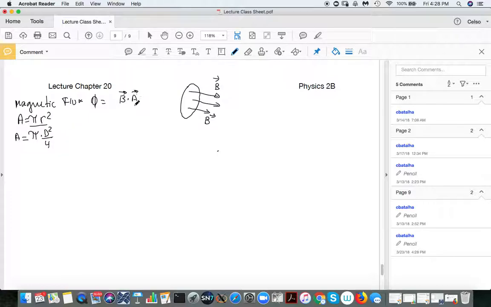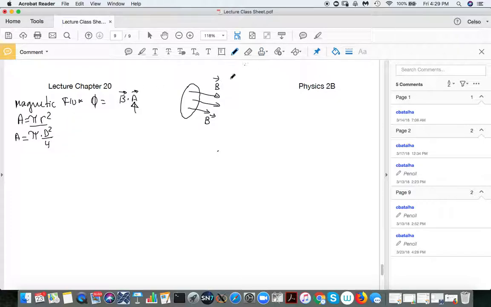But as we introduced, magnetic flux is the dot product between the magnetic field and the vector area. So what is the vector area? Remember the definition of a vector: it is something that has direction and also magnitude, a number associated with it. In this case, the number associated with the vector area is the area itself we are considering.